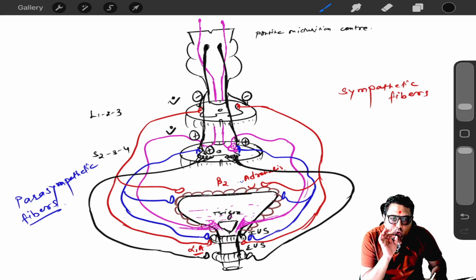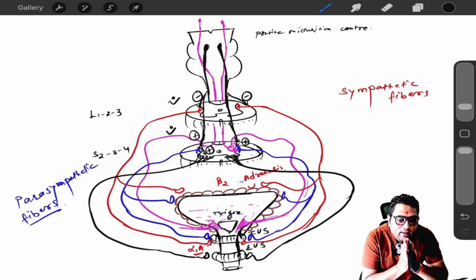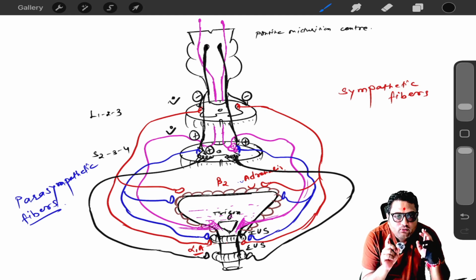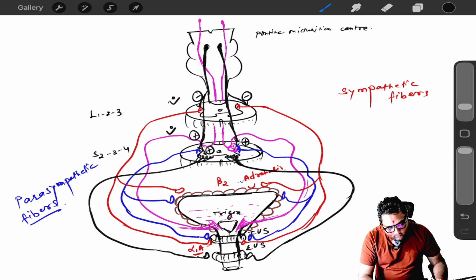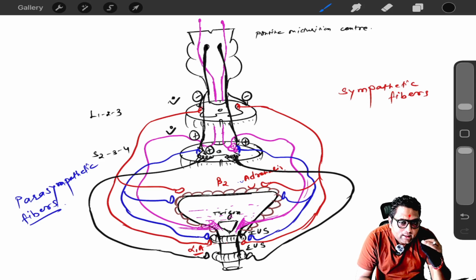So when we stimulate the pontine micturition center, that leads to contraction of the bladder, relaxation of the internal urethral sphincter through parasympathetic stimulation, as well as relaxation of the external urethral sphincter.